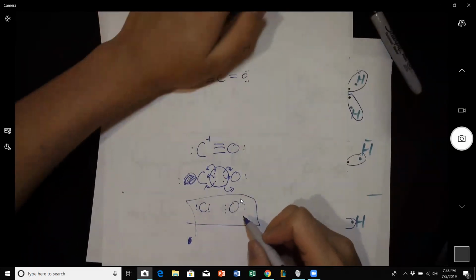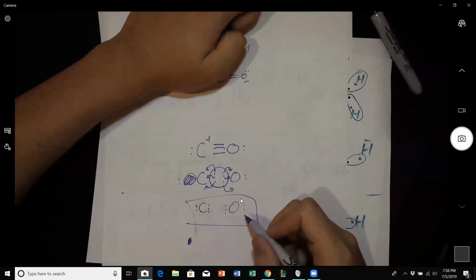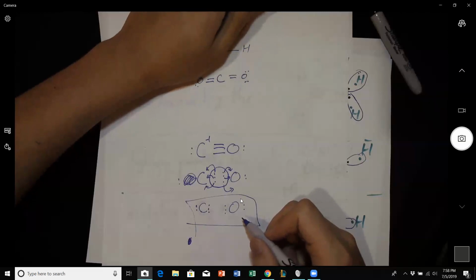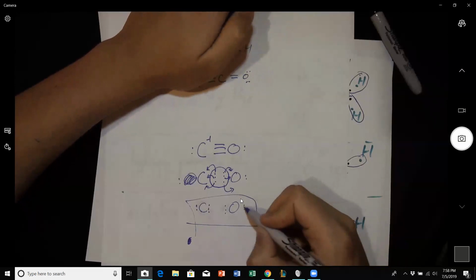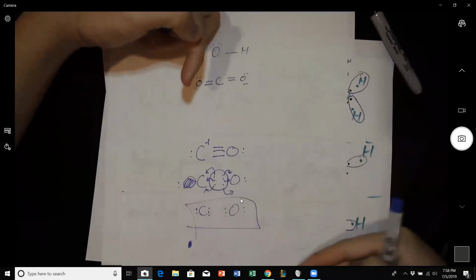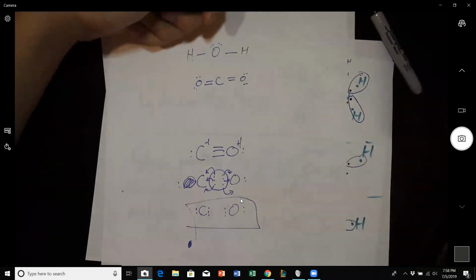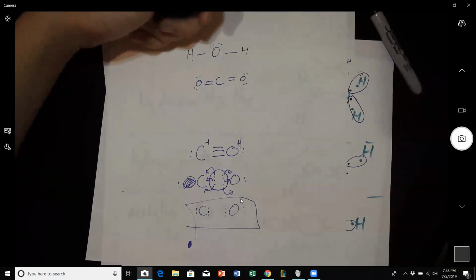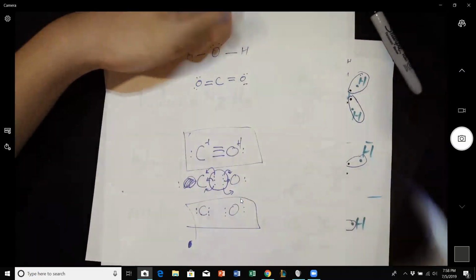How many valence electrons does a neutral oxygen atom have? Right, 6. So we have only 5 electrons here. Because we have 1 less electron, that means we have a +1 charge, because removing electrons gives stuff positive charge, right? So these are the formal charges of carbon monoxide.